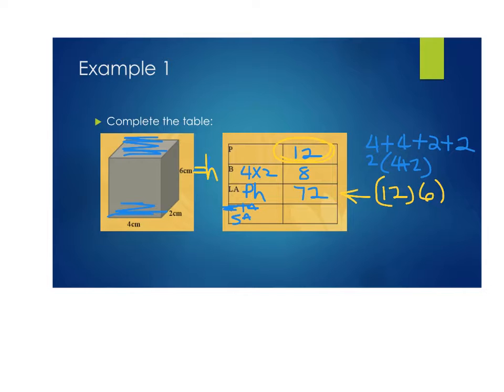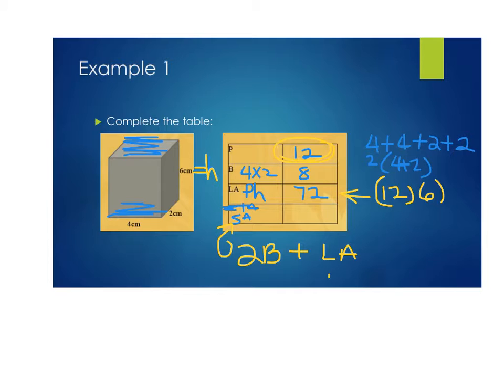Then for total surface area, I'm going to do 2 times the base area. Let me do this in yellow on the blue background. 2 times the base area. So for the surface area, or TA, the total area, 2 times the base area plus the lateral area.